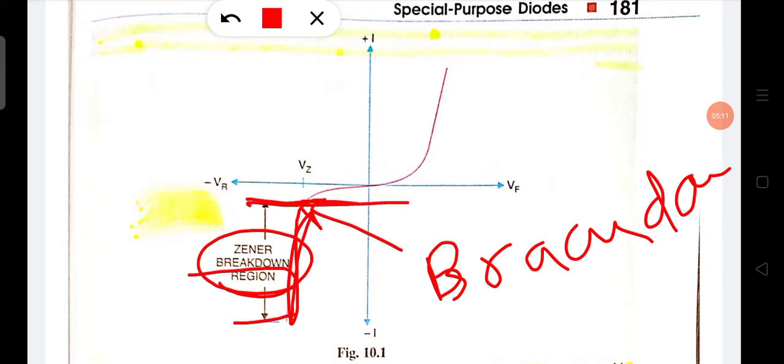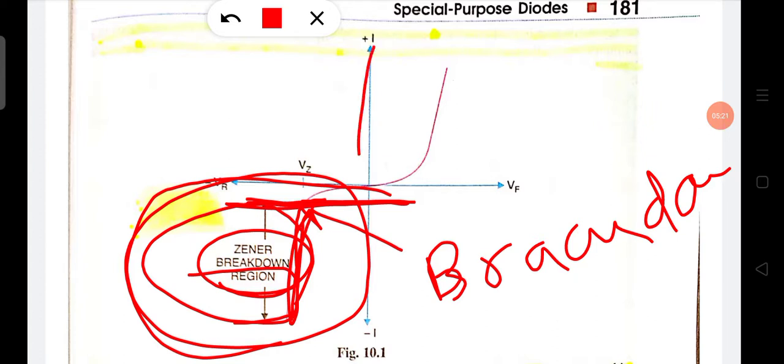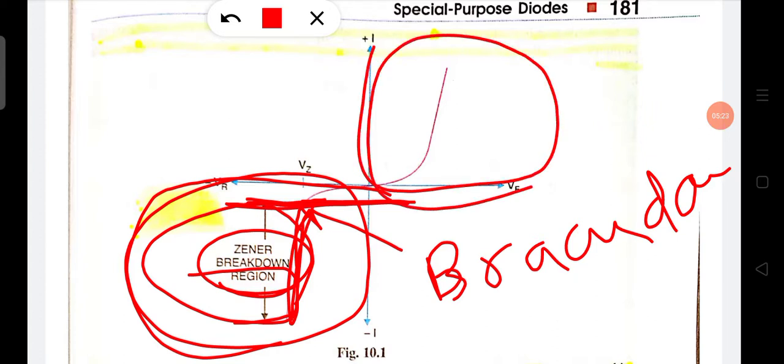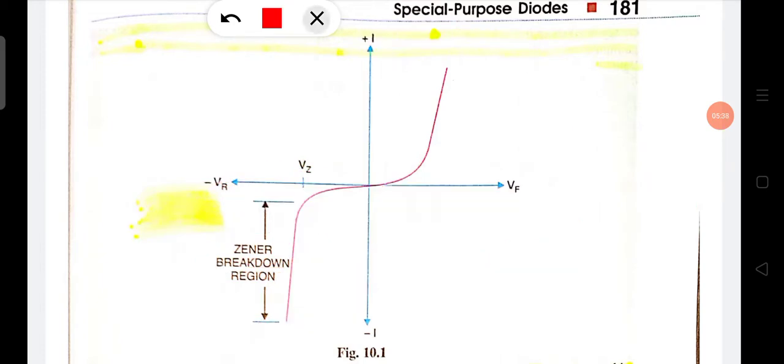After breakdown of the potential barrier, the Zener breakdown region starts. This is in reverse voltage or reverse biasing, and this is forward biasing. In previous classes we studied the VI characteristic of the PN junction. This is forward biasing of the PN junction, and this is reverse biasing of the PN junction.